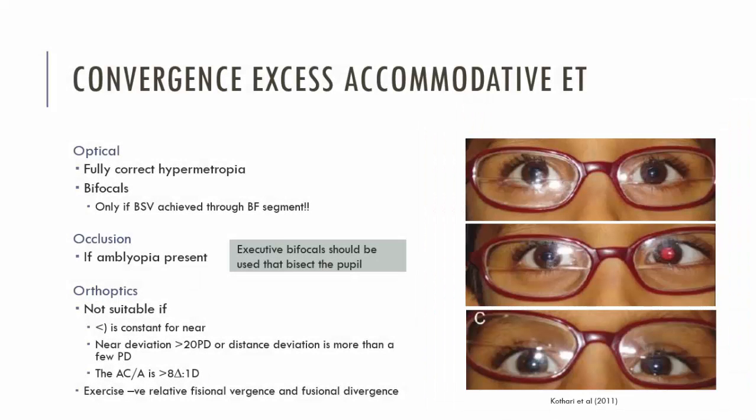Now, there is some controversy around the long-term use of bifocals, and one of the concerns is that with bifocals, what you're asking the patient to do is consistently hypo-accommodate at near. So these children are being asked to do less accommodation through the bifocal in order to gain BSV.